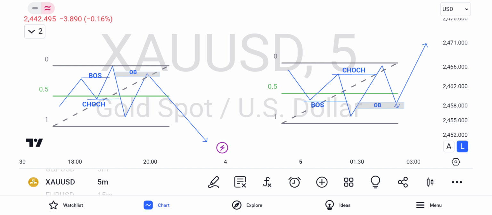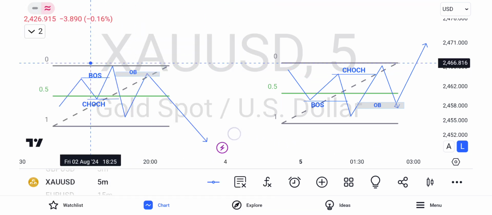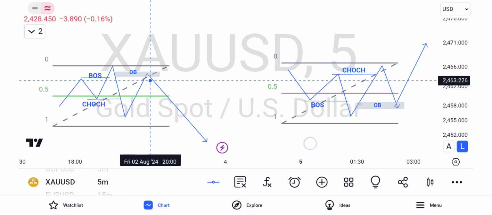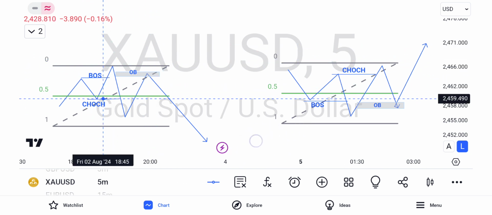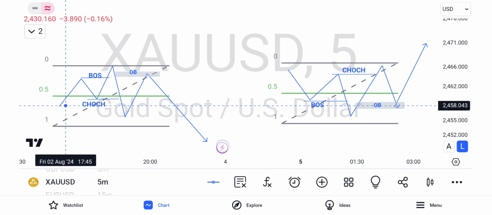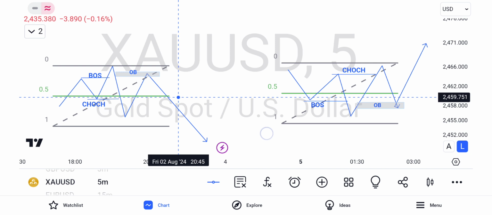If you look closely at this particular axis, you will discover that we are looking at a sell scenario.